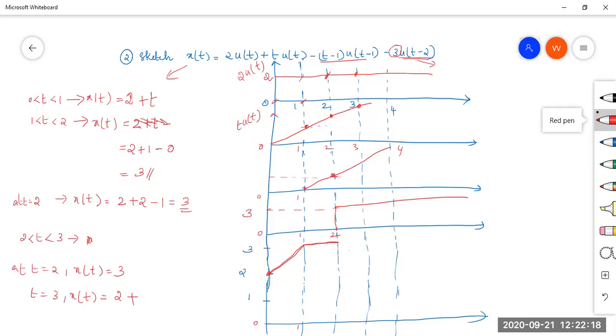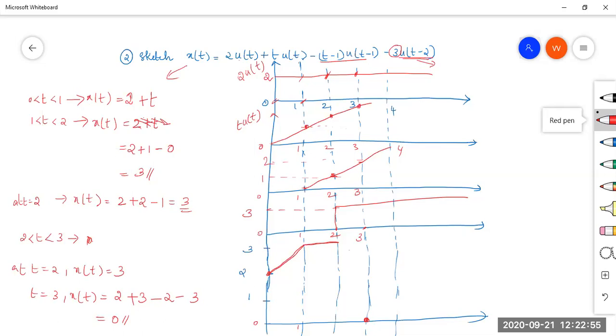It is 0, 1, 2, 3. 3 minus (t minus 1), it is 1, 2, this 1, this is 2. So at 3 the magnitude is 2, and here it is again 3. So this is 5 minus 2, that is 3 minus 3, magnitude is 0. So at 3, this is becoming 0.